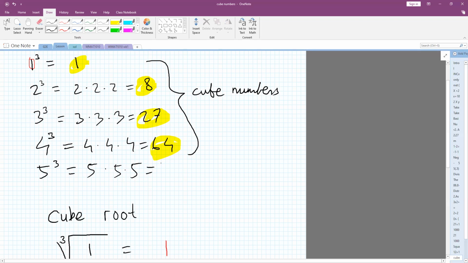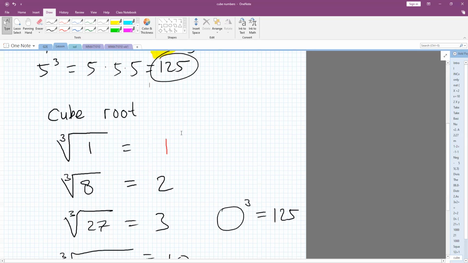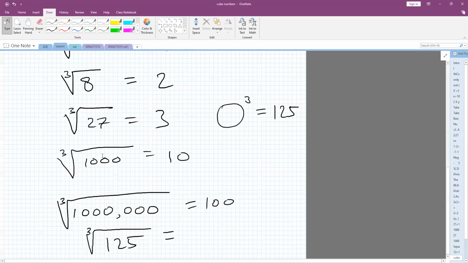And that is 125. So 125 is a cube number. Now my question here is, what is the cube root of 125? 5. Yes, sir.